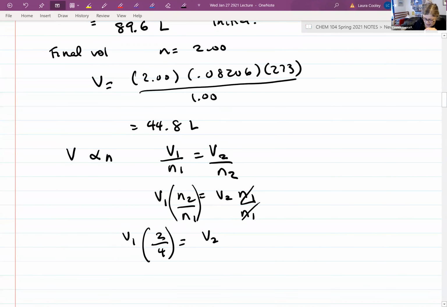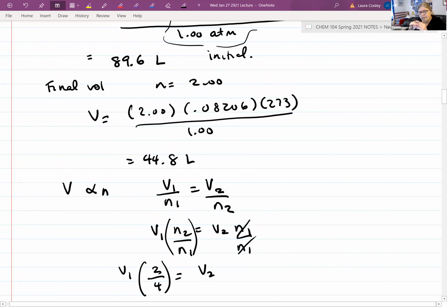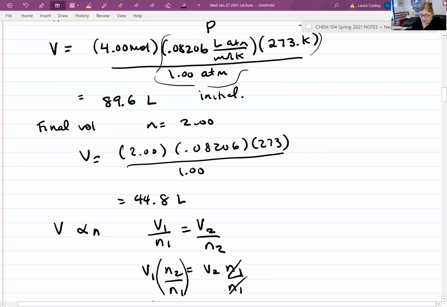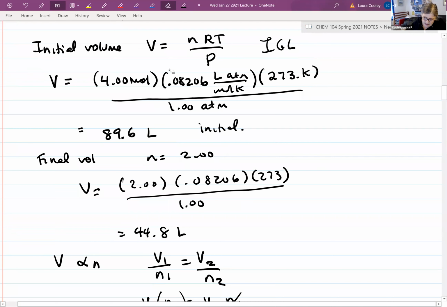But I want to go back to this calculation because I kind of assumed something. I kind of pulled a fast one a little bit, and what I did that wasn't really yet justified was, look at this, I took the total moles here, and I assumed that the total moles would work.